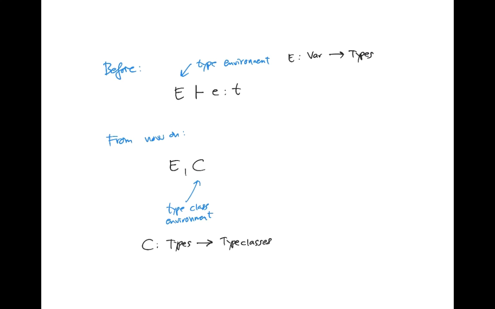And given a type class environment, we can then type an expression. So a type class environment C is a collection of bindings of the form A1, gamma 1, up to Ak, gamma k, where the A's are type variables, and these gammas are sets of type classes.